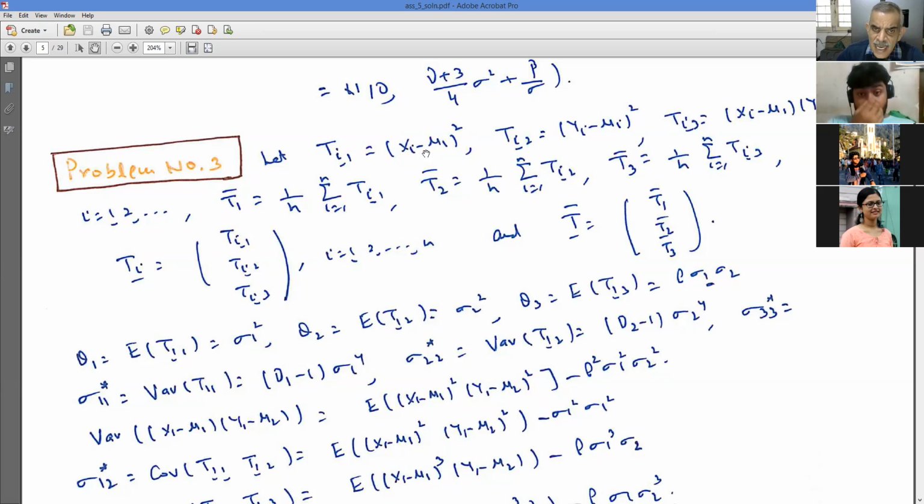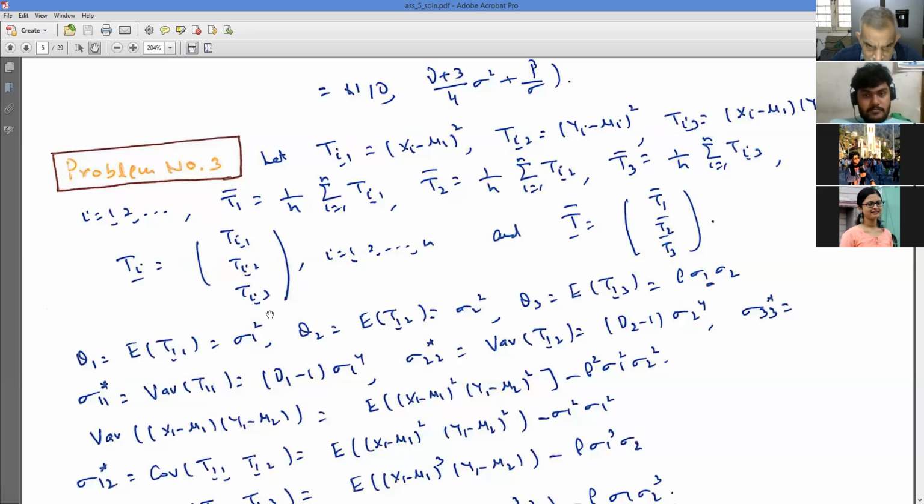Note that Ti1 only depends on the ith vector, right? Because this is xi, this is the second component of the ith vector, and this is the cross product of the ith components, right? And the vectors are IID. So as you vary i, these Ti's are IID, right?